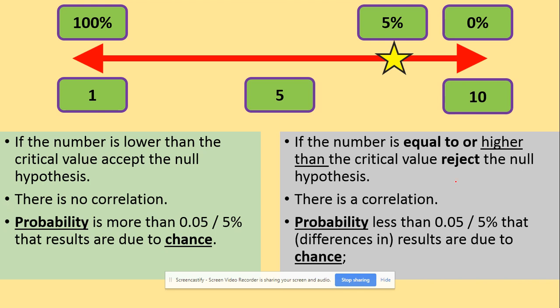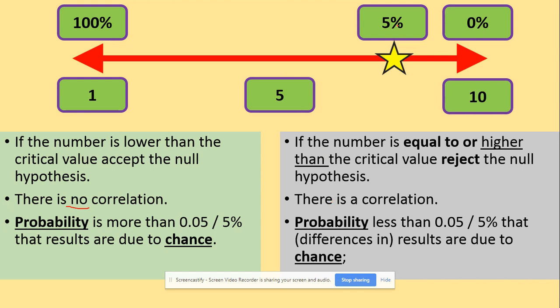So same ideas but a little bit different wording. So in here you'll be looking at the correlations. So if the number is lower than the critical value, so we're looking here towards that 100% because the numbers are at the bottom, there is no correlation. So the probability is more than 5% that the results are due to chance.